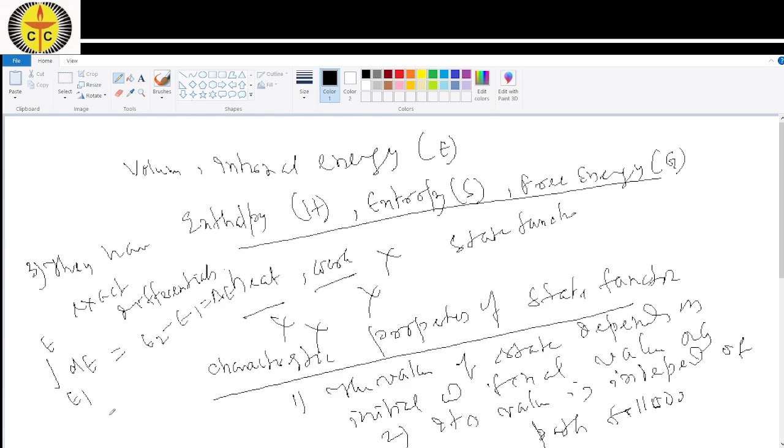Similarly for H, enthalpy, we can integrate from H1 to H2 dH. This becomes H2 minus H1, which is equal to delta H, the change in enthalpy. Similarly for entropy, from S1, the initial value, to S2 of dS, S2 minus S1, that is equal to delta S, the change in entropy. So they have the exact differential. You can write it in this manner.